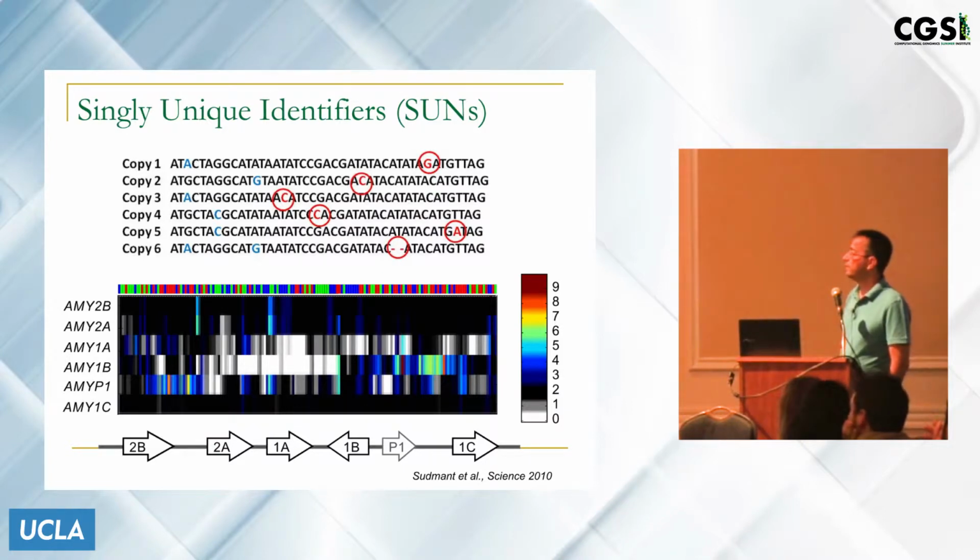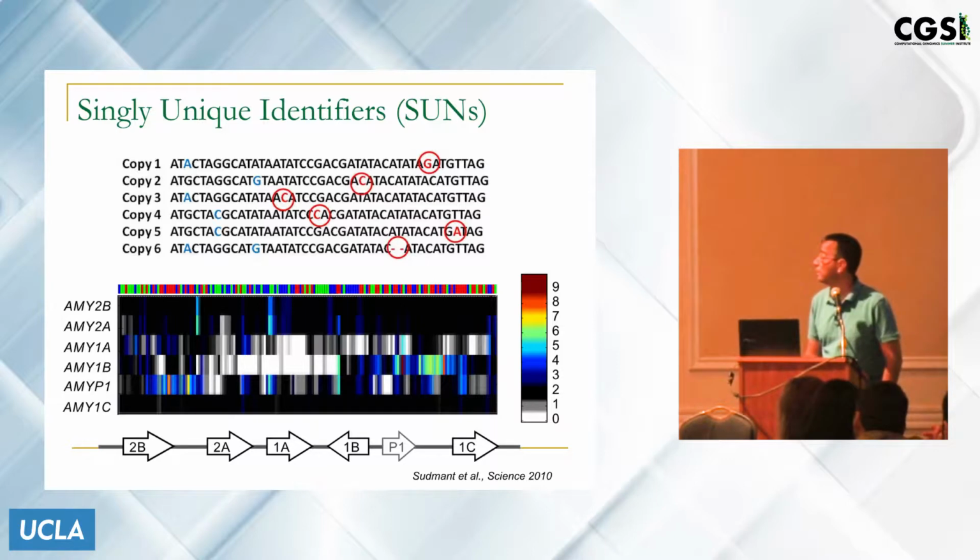And when you align them together, they are highly similar to each other, but there are obviously still some differences. And then you look at those base pairs that are unique in one of those copies. So those circled red ones are unique in a representative copy, and there can even be some deletions or insertions in one copy. And the blue ones are not unique because they occur in multiple copies.